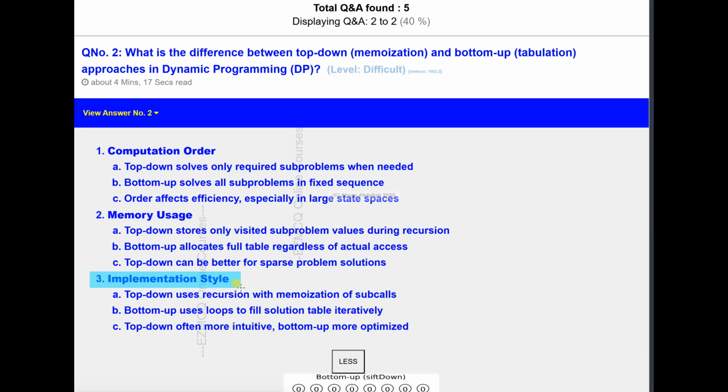There are no recursive calls, so it is more performance oriented, but the code could be less intuitive because it's not recursive. The choice affects both performance and maintainability of deep reinforcement learning systems, especially for real-time systems.